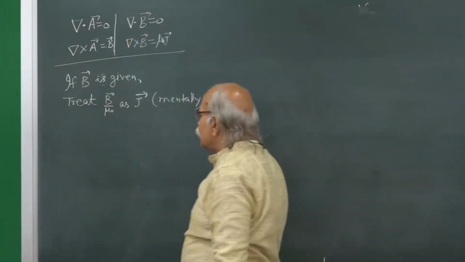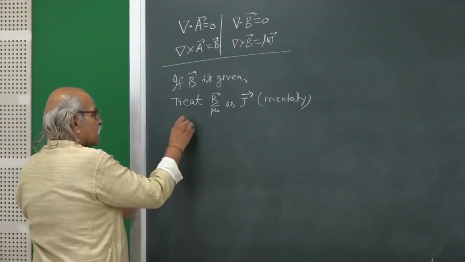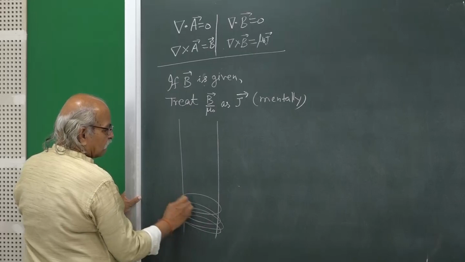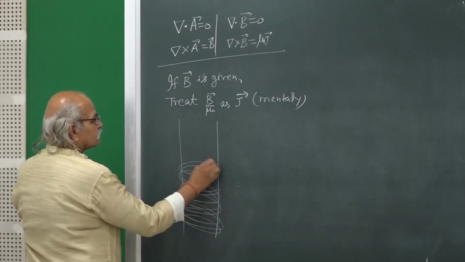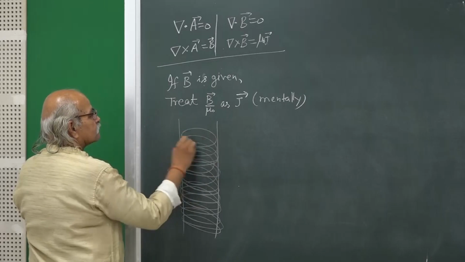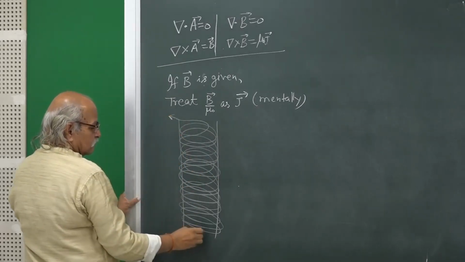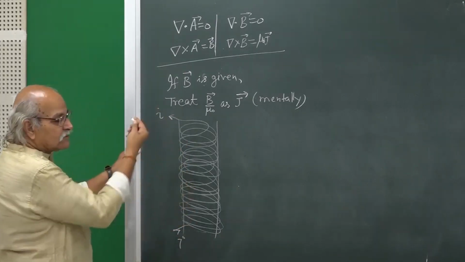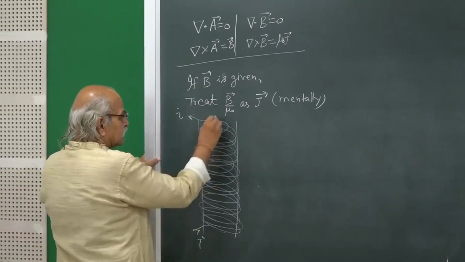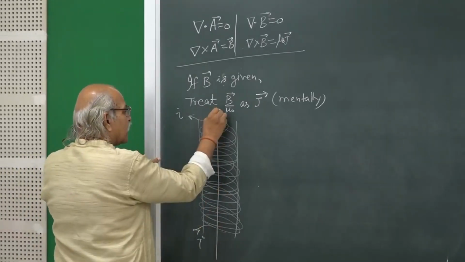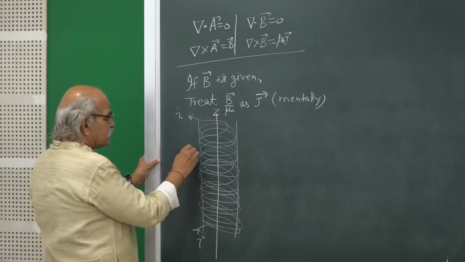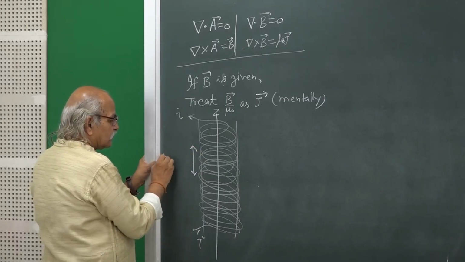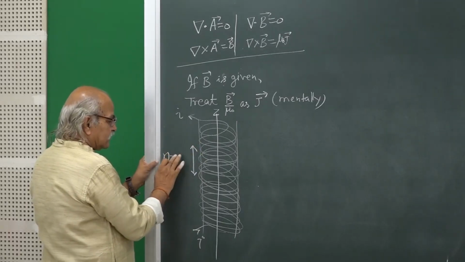Okay. So, let me explain it with an example. Let us take the example of a long solenoid, and current I goes through every turn. Let us say the central axis is the z axis, and the number of turns per unit length is n.